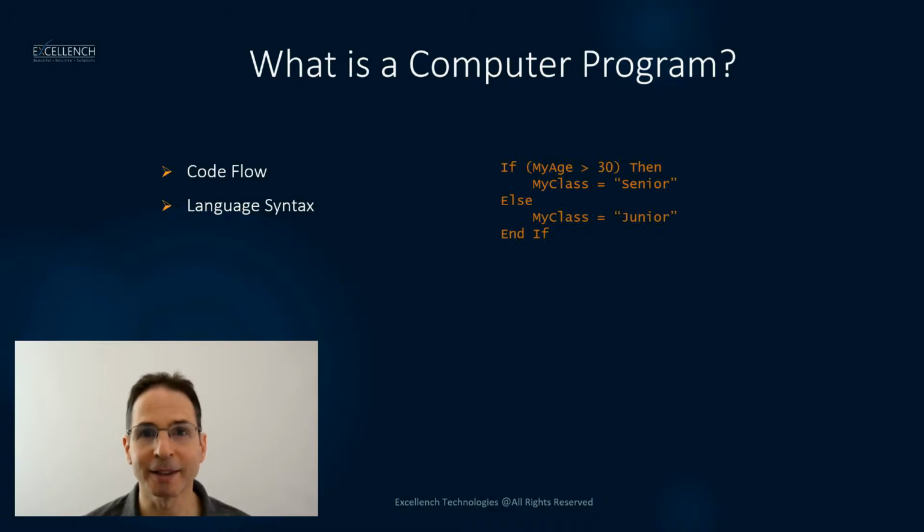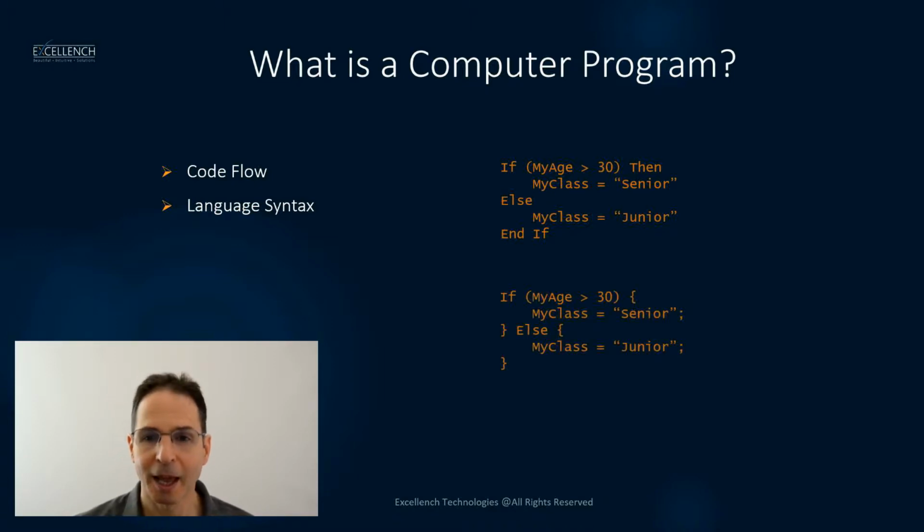This is, by the way, the syntax of VBA, or Visual Basic. This is, however, the syntax of another language, JavaScript, for example, that is performing exactly the same thing. It is asking exactly the same condition. If it's true, it's assigning senior to my class. Otherwise, it will assign junior to my class.